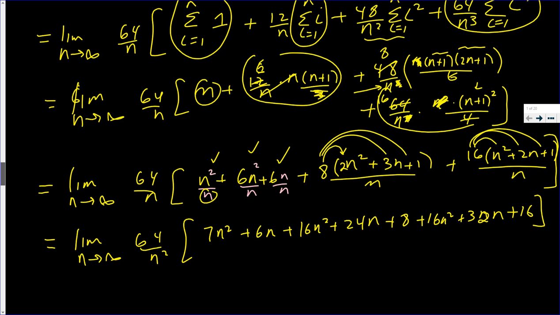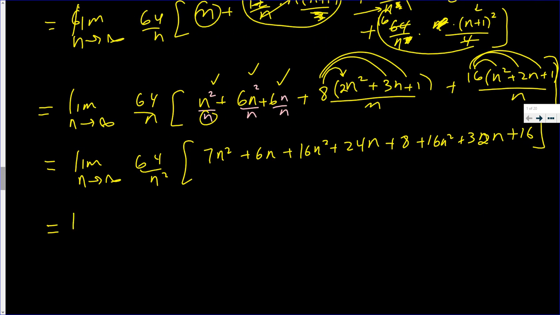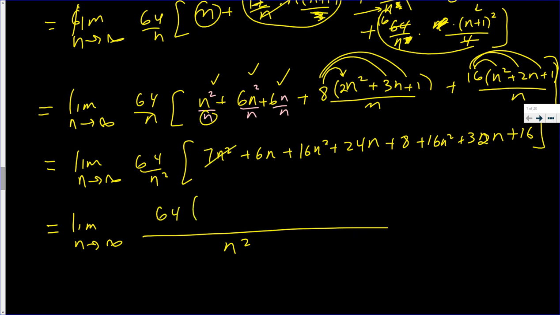Okay. Just combine like terms and then we'll take the limit. So we know the whole denominator is n squared. So it's 64 times 7n squared plus 16. Well, I'd rather do 16 plus 16 first. That's 32 plus 7 is 39n squared.